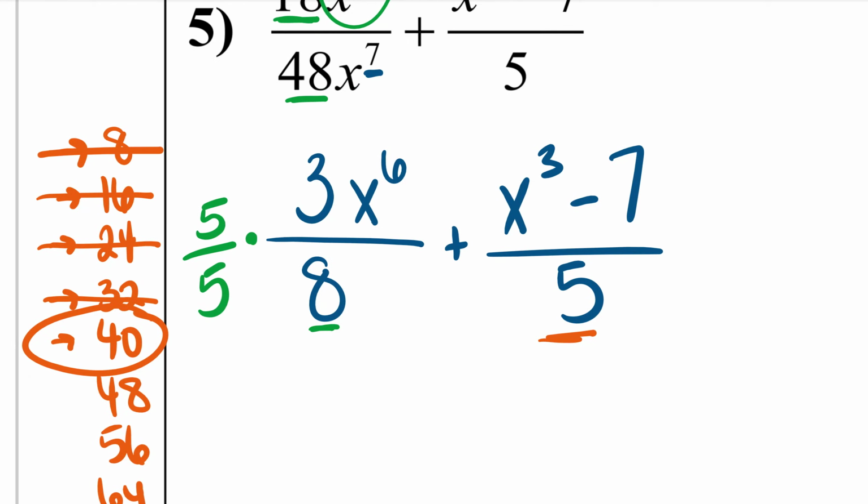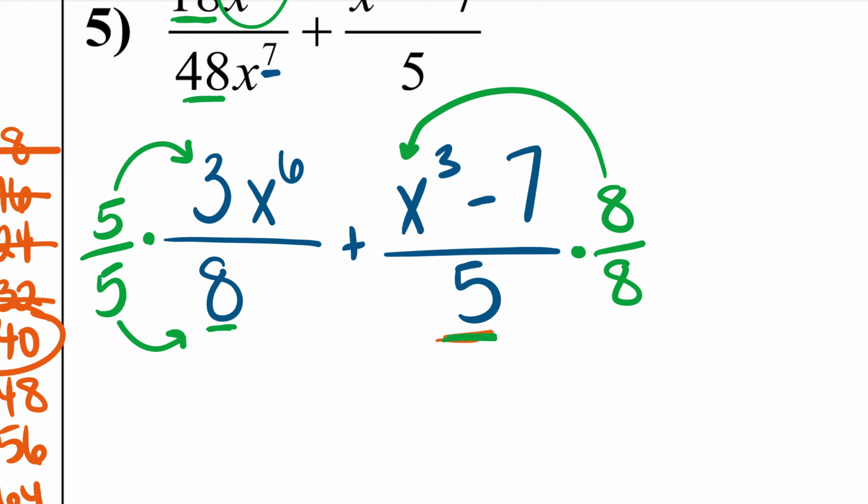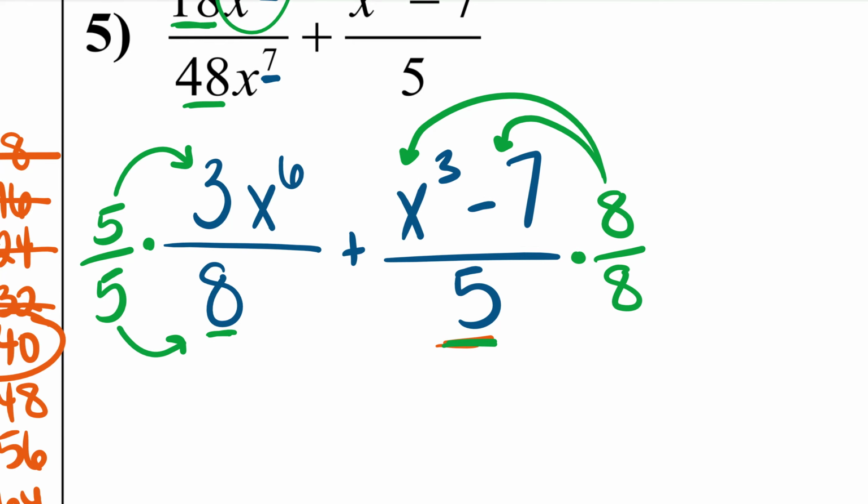Okay, because then on the top, I'm going to do 5 times 3x to the 6th. And I'm going to do 5 times 8. Okay, now let's look at the other side. I have 5. 5 times 8 would make it 40. So I do top and bottom. So on the top, I'm going to do 8 times x to the third, 8 times negative 7. And then, of course, the bottom, 8 times 5.